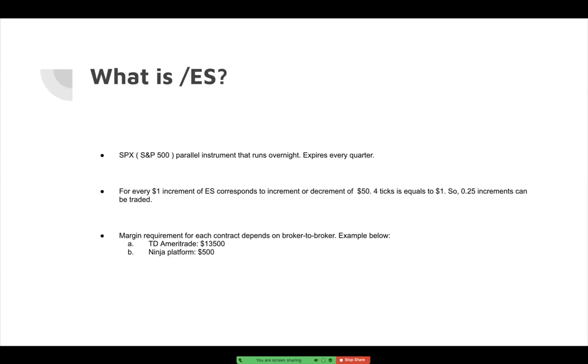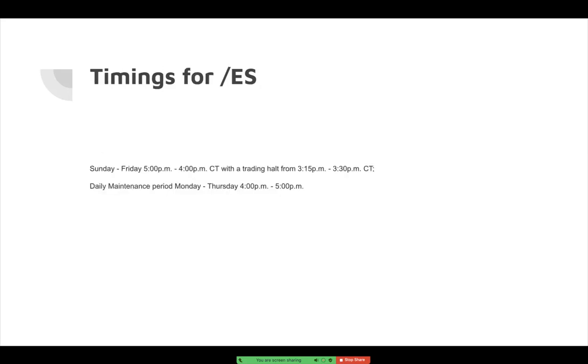I use the Ninja platform and also TD Ameritrade. In this presentation, I'll be demonstrating TD Ameritrade on how you can set up your charts and trade ES. Overall, the margin requirements depend on the broker, and trading each contract changes the margin requirements.